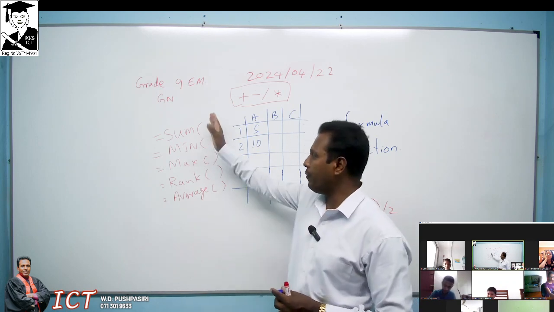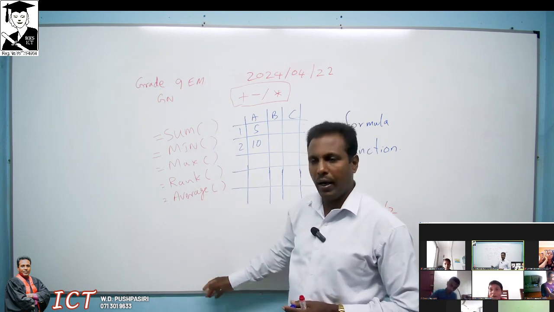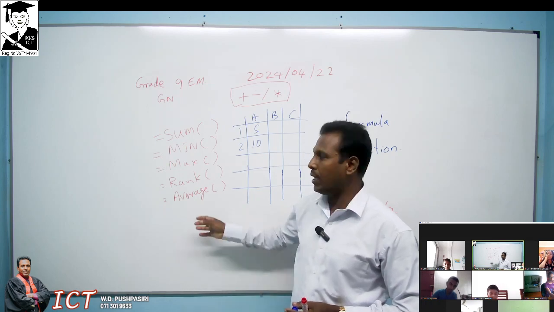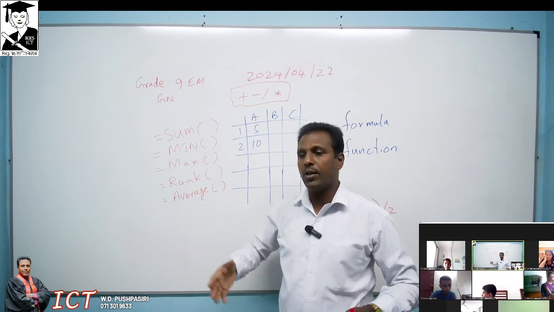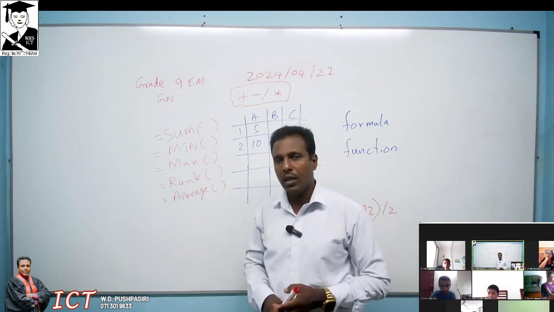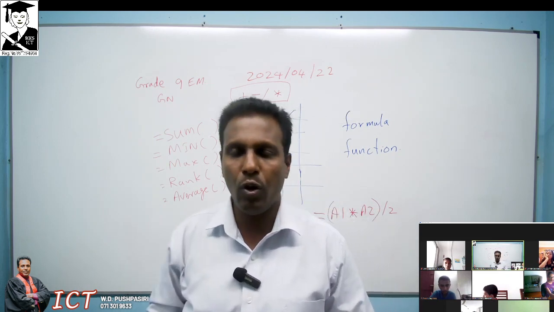So there are a lot of functions available, not only one, not only 5. What we studied is only 5 or 6 of them. There are thousands of functions for different people's needs, right?